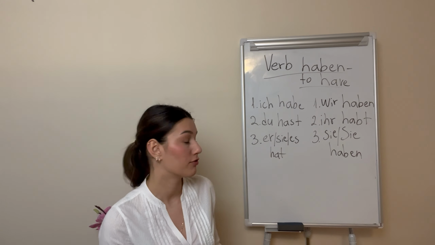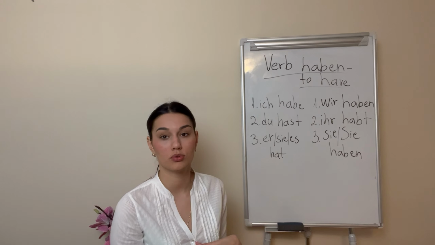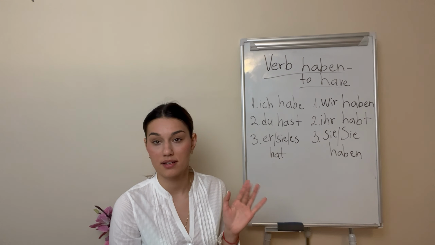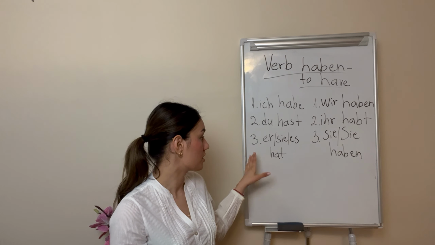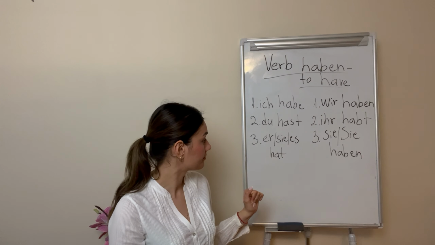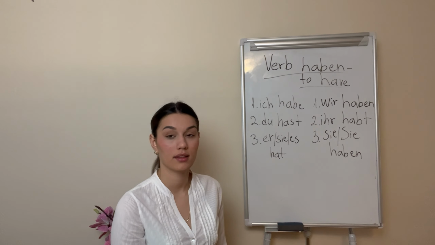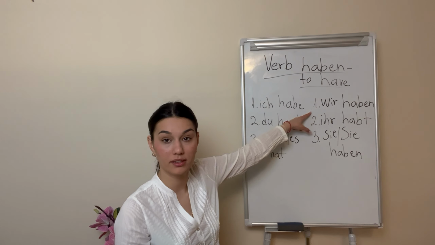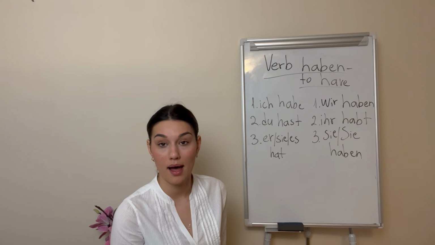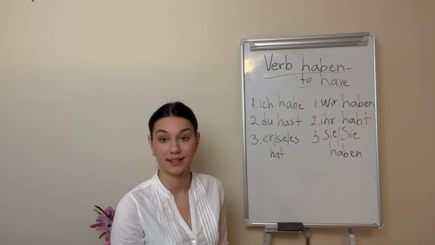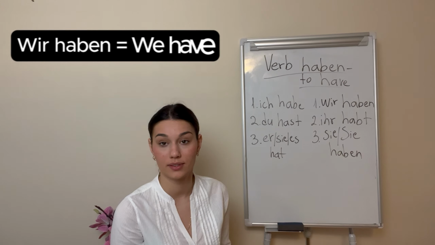And instead of, for example, we can put any male name, for example, Mark, Hans, and any other name. So, Mark hat, for example. Okay? And now plural form. Wir haben. That will be translated as we have.